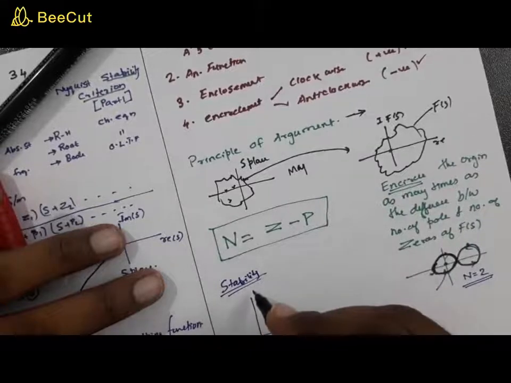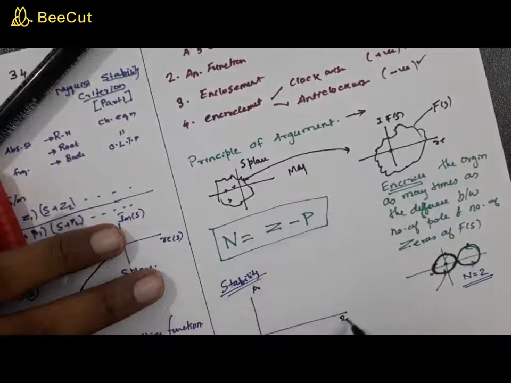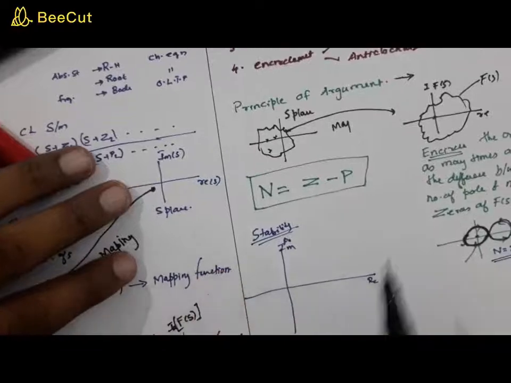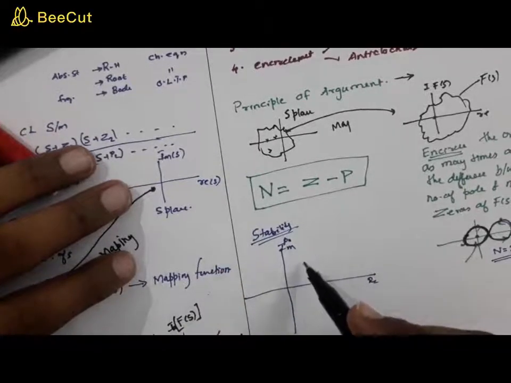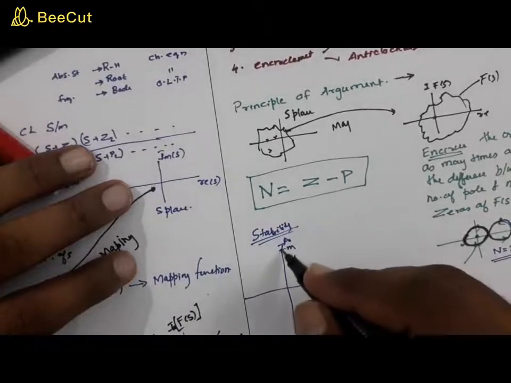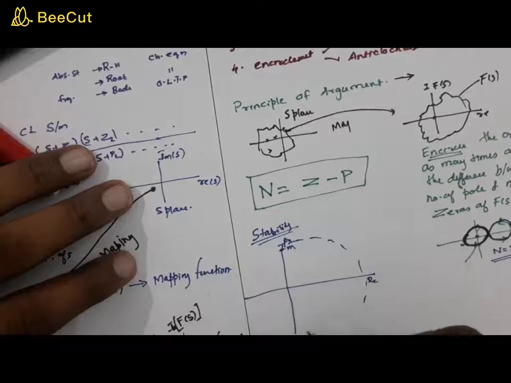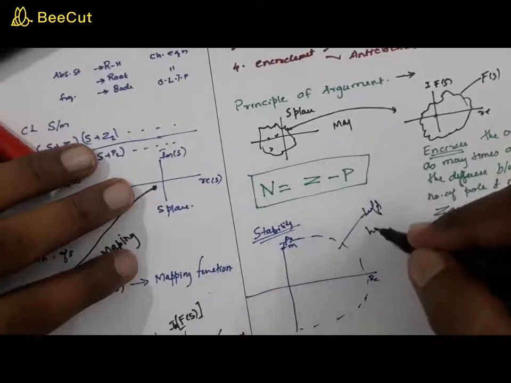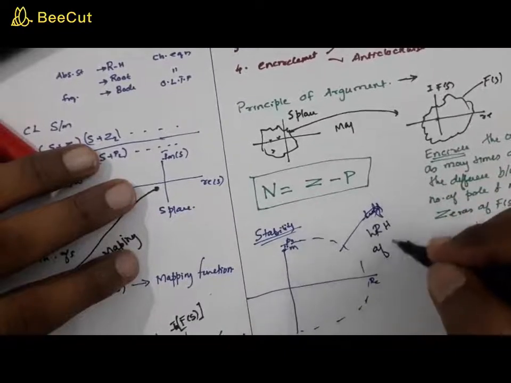When I have a pole zero plot in the S-plane, with real and imaginary axes, right from the beginning of the RH criterion onwards, what we are checking is that we don't want any poles to reside on the right half of the S-plane. Now if I plot this whole right half, this is a closed contour.